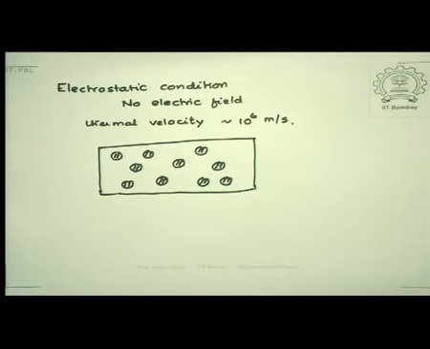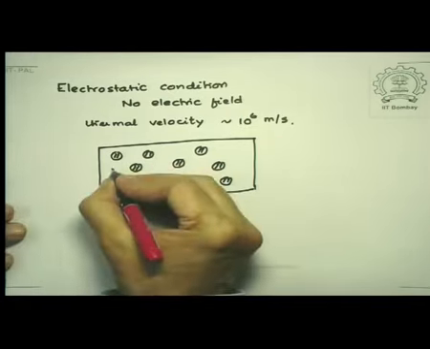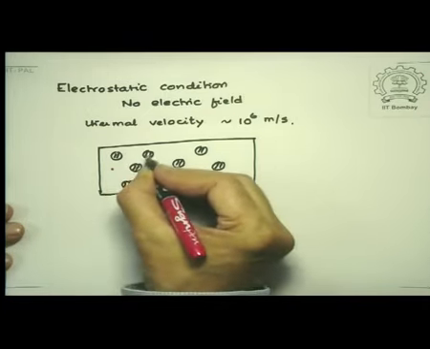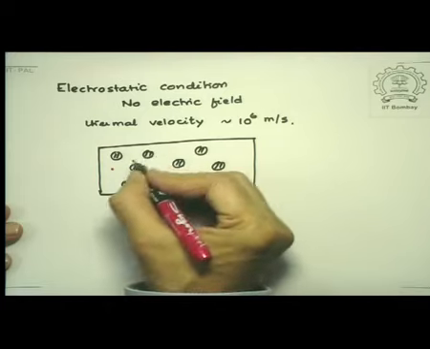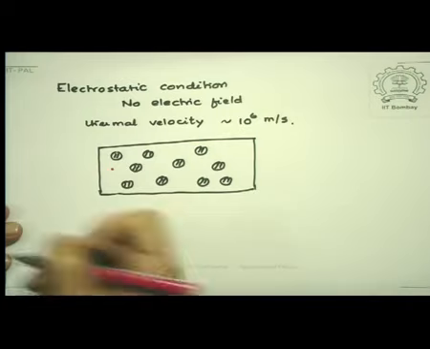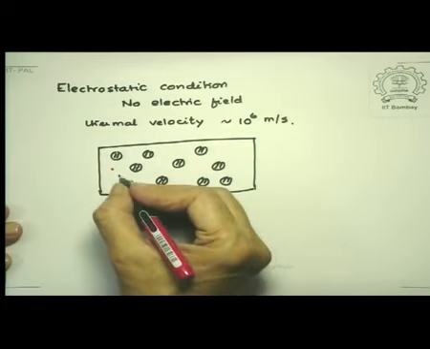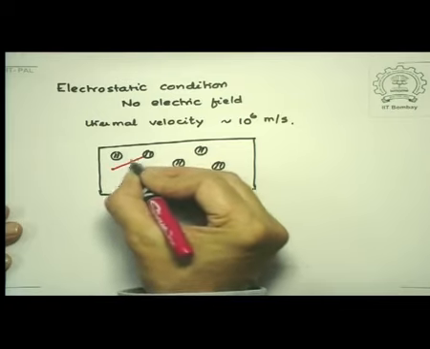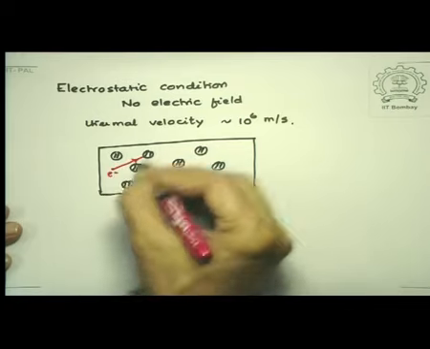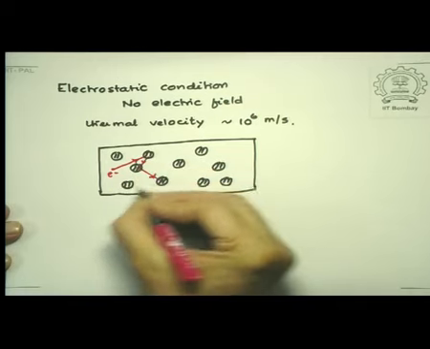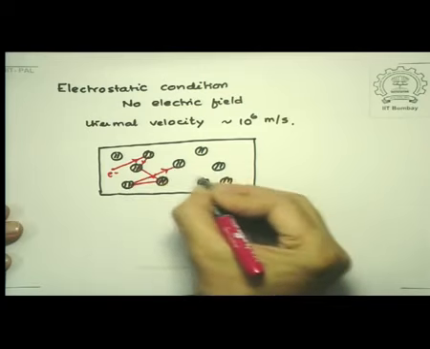If you take a particular electron, this electron is continuously colliding with atoms or ions, bouncing back from the atom, and then colliding with another one. So typically a situation could be like this. If this is an electron, it could go here, then here, then here. So all sorts of things can happen.